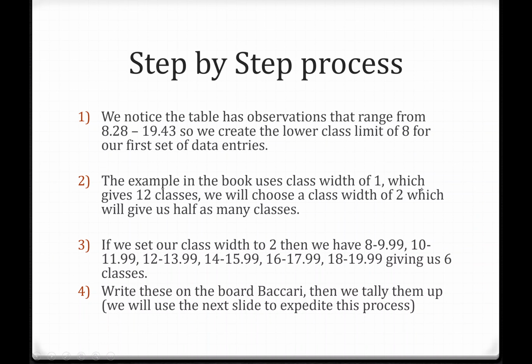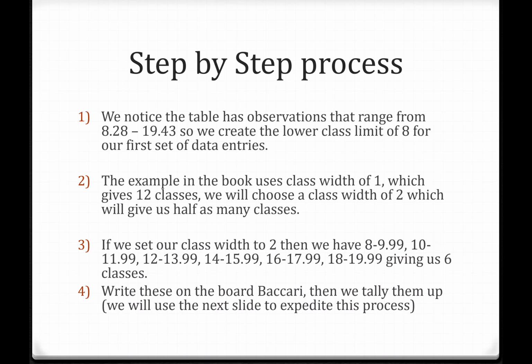And with that, the first thing we're going to notice is that the highest value is 19.43, the lowest is 8.28. And so we want to create our lower class limit at 8, because that's a little bit lower than 8.28, and it will ensure that we get all the values included. And it also won't give us any weird starting and ending points.